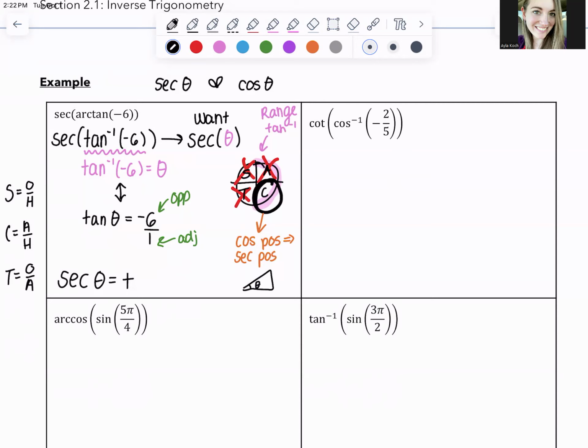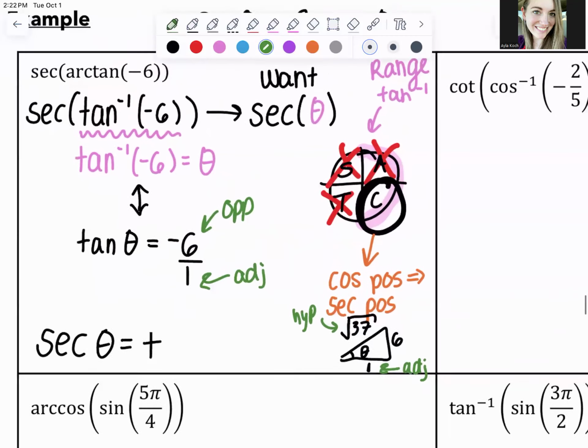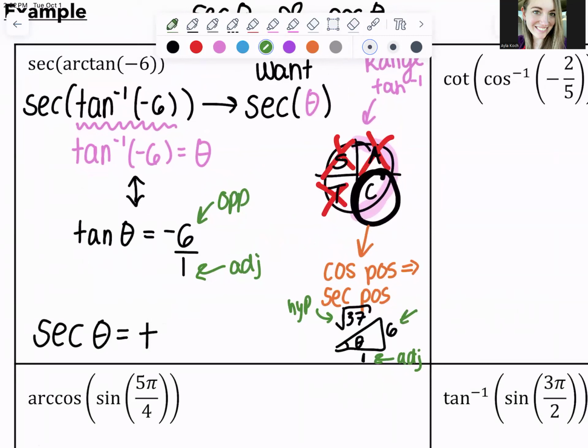That's okay, we can be creative here. Here's theta. Opposite side will be 6, adjacent side will be 1. This will be square root of 37. We have the hypotenuse, the adjacent, the opposite.